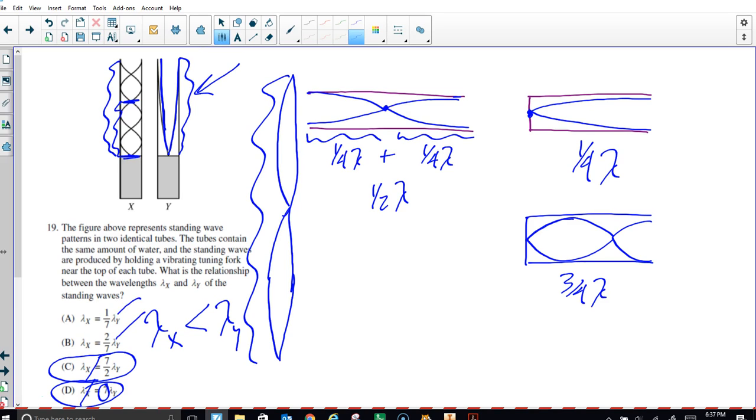Let's figure this out. Well, this right here is L, and this is L. Same length. So on the left-hand one, x, L is equal to, let's see, 1 3/4 wavelengths. Is that right?